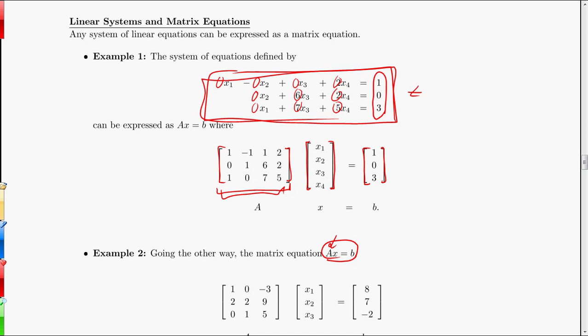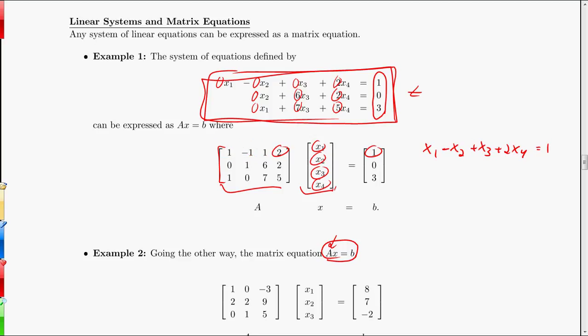And by the way, this should make sense, because if you multiply this matrix A times this vector, which we consider another matrix, what you'll get is 1 times x, so that'll be x1, plus negative 1 times x2, so that's minus x2, plus 1 times x3, plus 2 times x4, that has to equal 1.